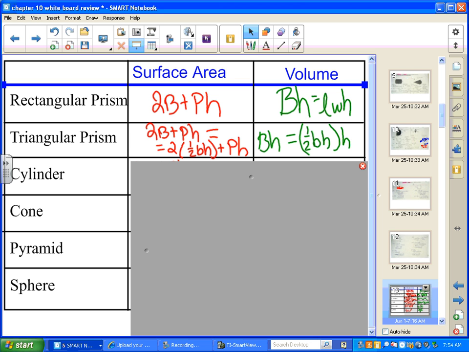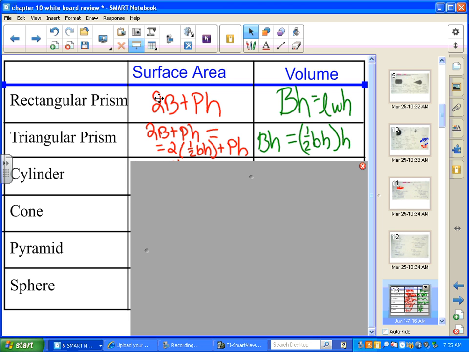Okay, go ahead and write down both of them for cylinder. This should be a good little test for yourself to see what you know and what you don't know. Okay, Mary, what's the surface area formula for cylinder?